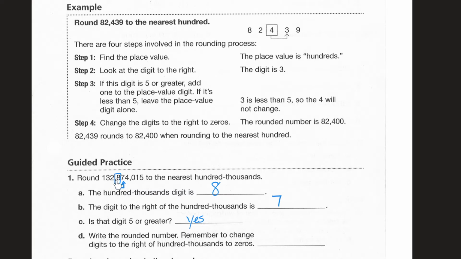So write the rounded number. Okay, we're going to write 1329 and then 00000. Commas, done. That's how you do it. That's how you round a number.